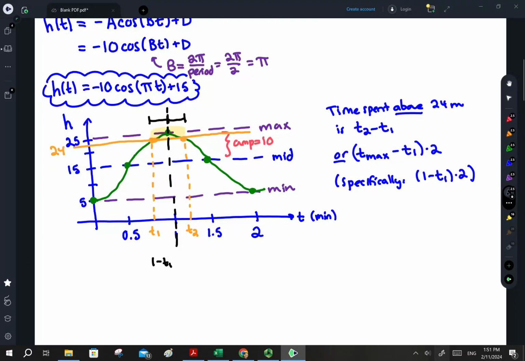That's not to say that you can't use the same types of symmetry arguments. You absolutely can, but you have to take the phase shift into account when you do those. So drawing a sketch of the graph, it does not have to be perfect, but enough to incorporate the phase shift so that you can see what values you should be subtracting from each other is very important to make sure you execute that strategy correctly.